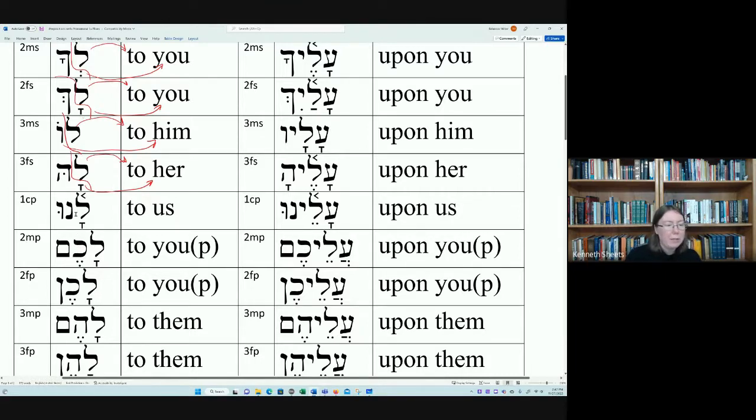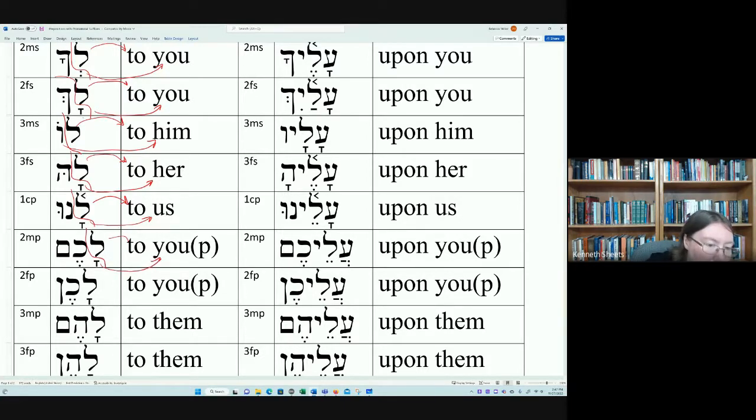And so then we also have lanu here, and you can see that we have the Lameth preposition with the anu pronominal suffix, first common plural. And so this would be "to us." Remember that form. We are going to be seeing that here in just a moment. And then we also have lakem. Notice here you can see the Lameth preposition with the akem pronominal suffix.